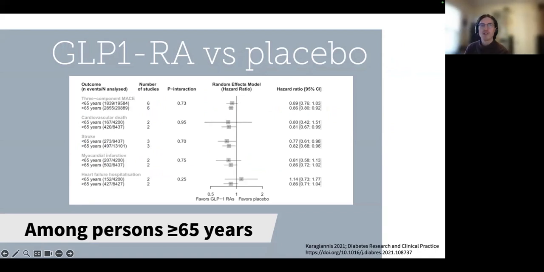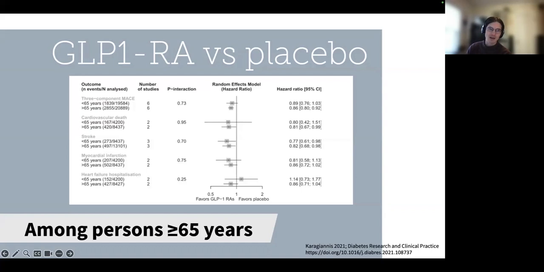And so we'll look at one of the meta-analyses that was done on GLP-1 receptor agonists first. So this figure here on this slide is showing pooled estimates for several different outcomes which were analyzed in GLP-1 receptor agonist trials. And again, the main thing here is they want to see whether there's any difference in these estimates based on age.